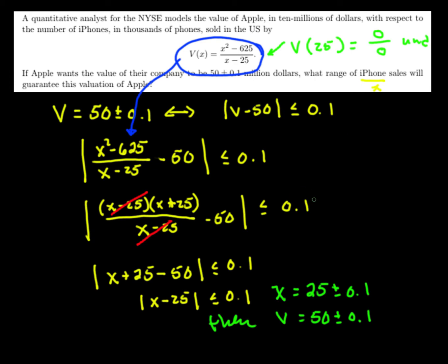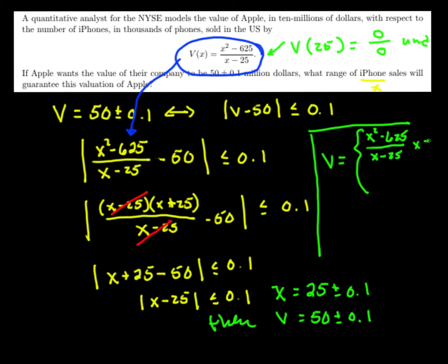So my analyst should have done a better job in looking at this function and said that V is equal to, piecewise, x squared minus 625 all over x minus 25, as long as x isn't 25, and equal to 50 if x does equal 25.